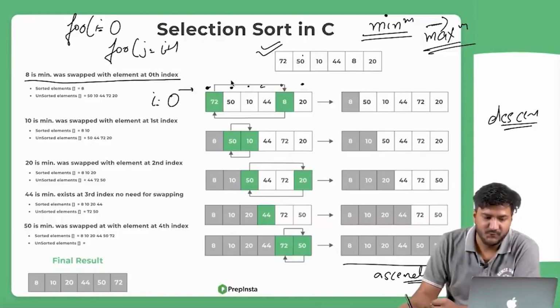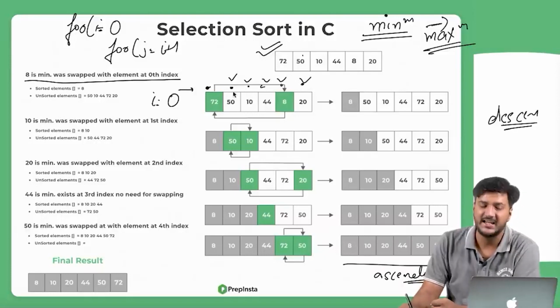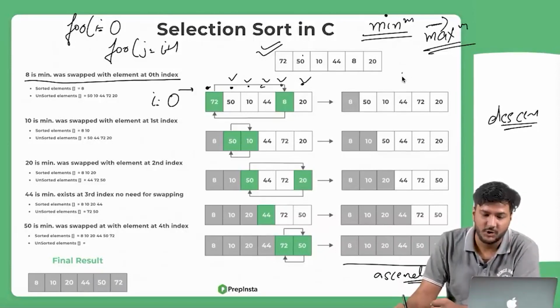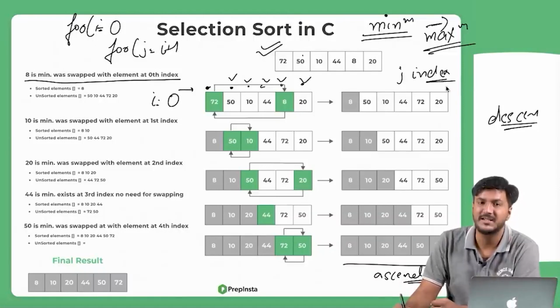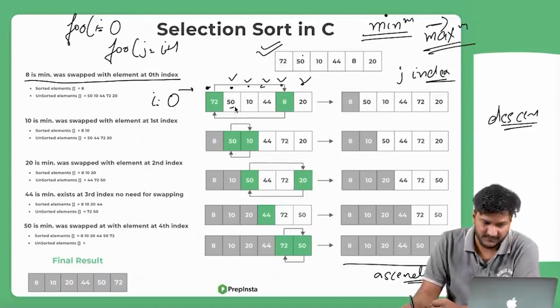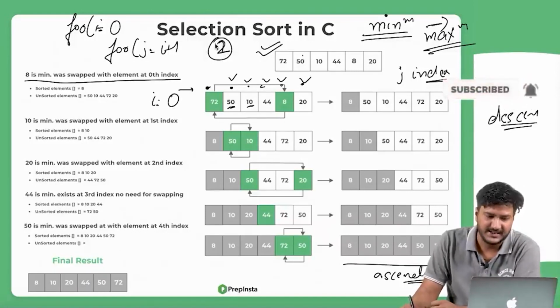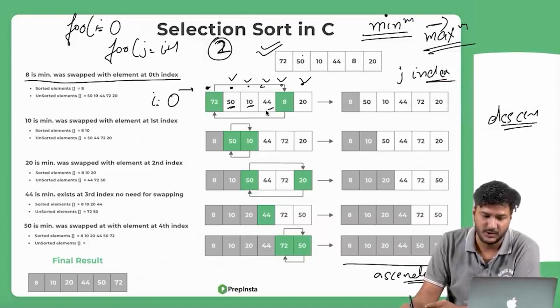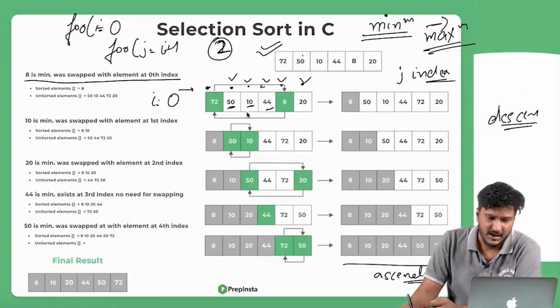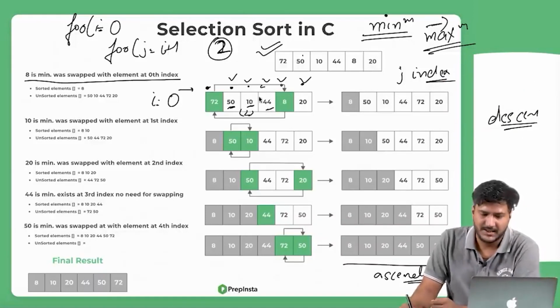As I move forward, in each case I would store the index of whichever element is the smallest. As of now 50 is the smallest, so my minimum index has the value 1. Then I move ahead, and 10 is smaller than my current minimum, so I store that: the second index is the minimum value as of now. Then I go to 44, which is larger than my minimum value, so I move ahead.